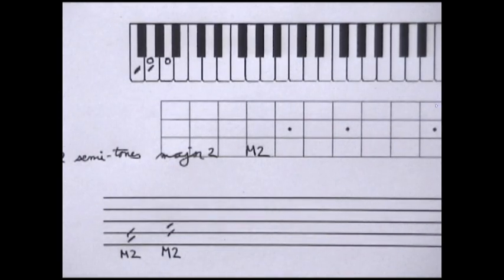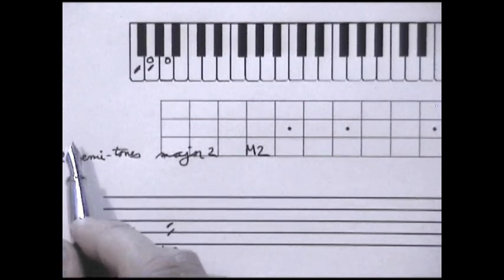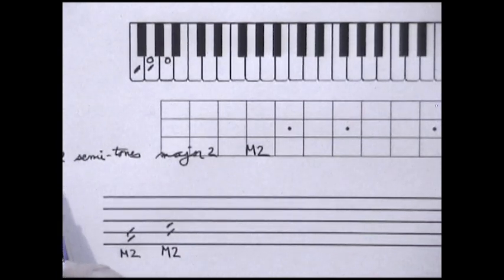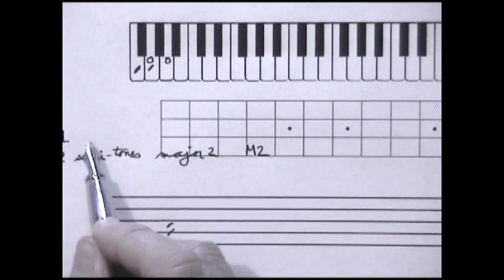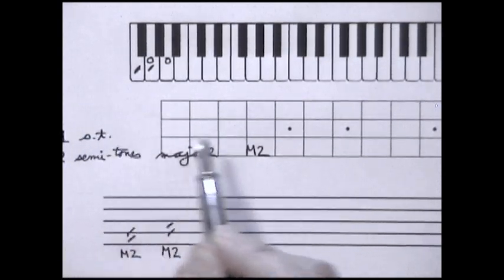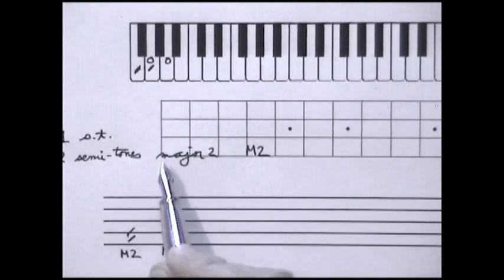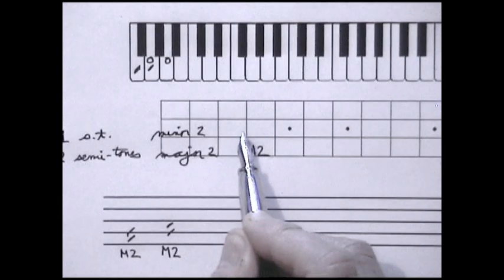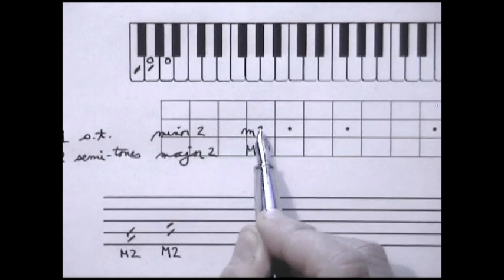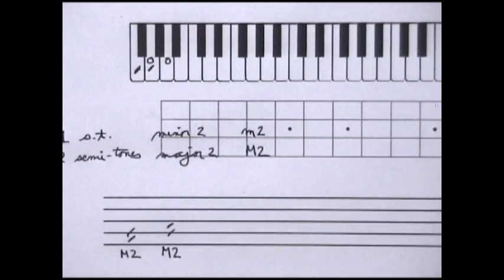Now let's look at what happens when we make the interval between the two notes smaller by 1 semitone. That is, instead of a major second with 2 semitones, we'll have a minor second with 1 semitone. And it's abbreviated little m2.